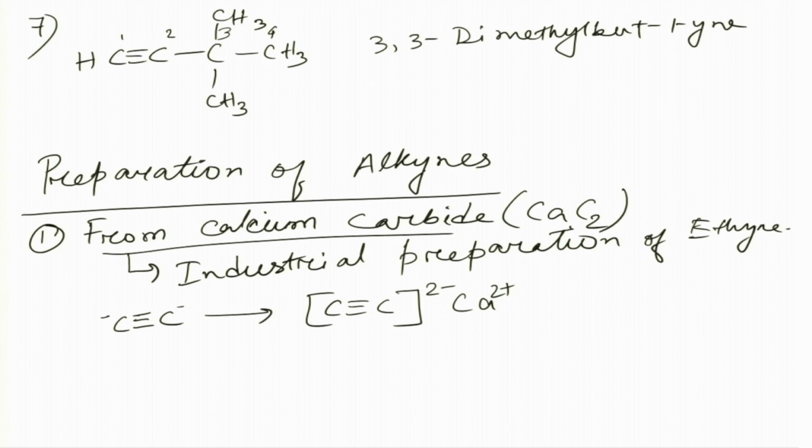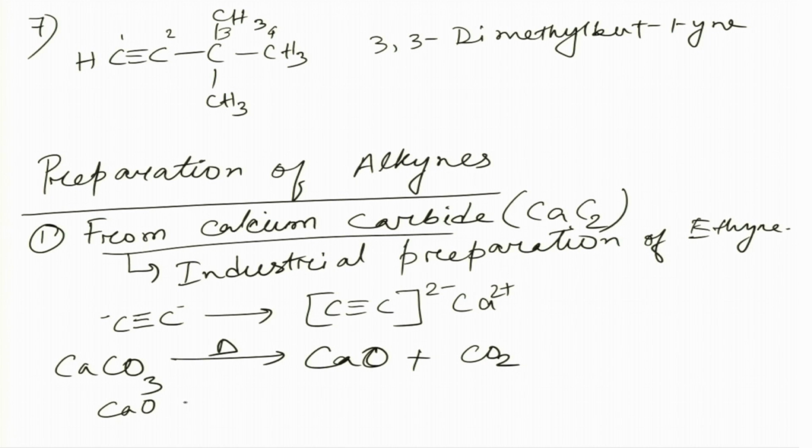Calcium carbide is prepared from calcium carbonate. On heating, calcium carbonate forms calcium oxide plus CO2, that is carbon dioxide. Now, calcium oxide, when it reacts with carbon, forms CaC2 plus carbon monoxide, CO. Like this, calcium carbide is formed.